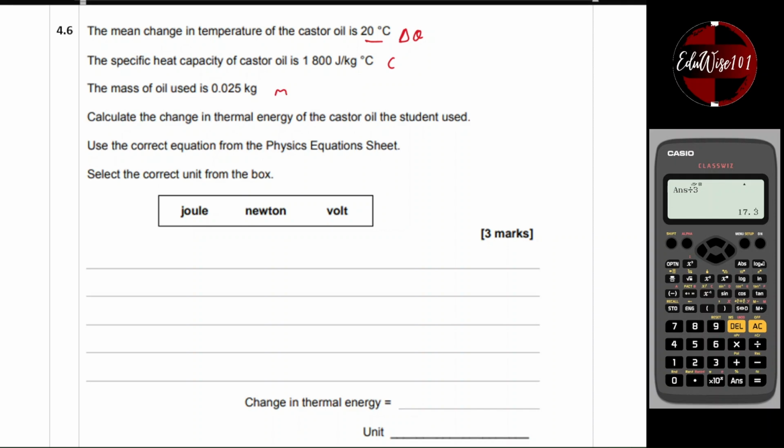Use the correct equation. So the equation is the change in thermal energy, delta E, equals the mass multiplied by the specific heat capacity multiplied by the temperature change.